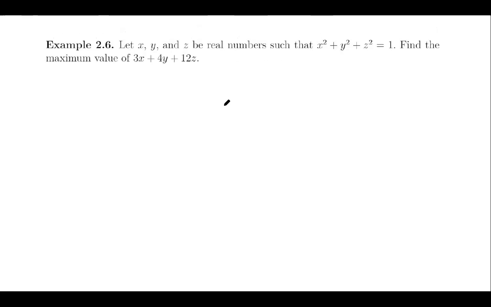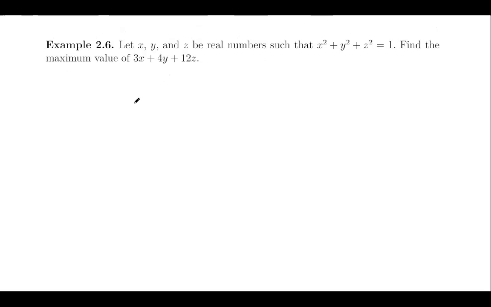So the way in which we can use this is in problems like this. Notice how we have x squared plus y squared plus z squared equals 1, and we're trying to find the maximum value of 3x plus 4y plus 12z. We can set up the two lists of variables.